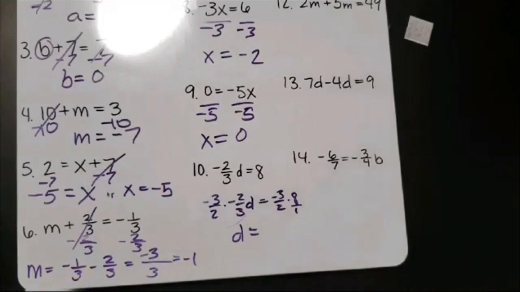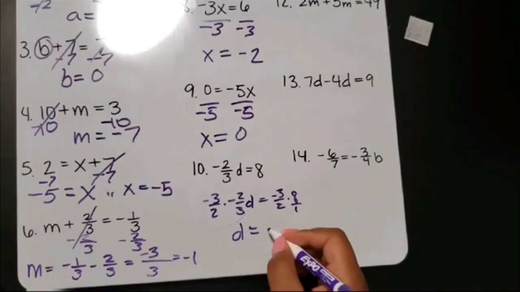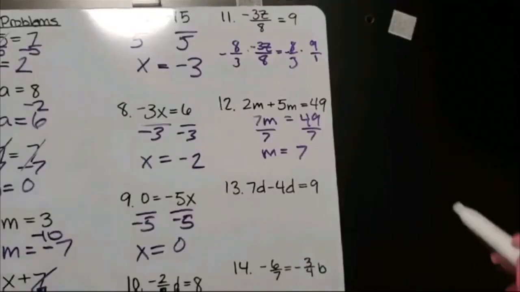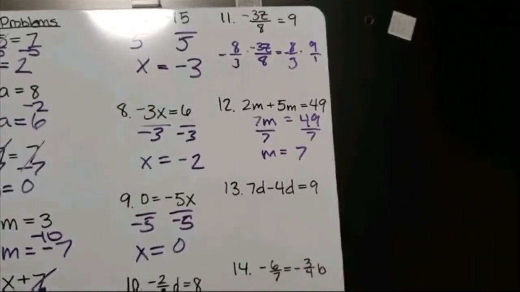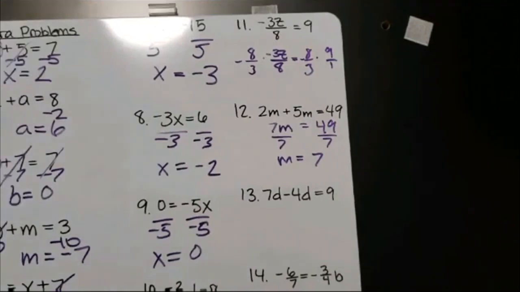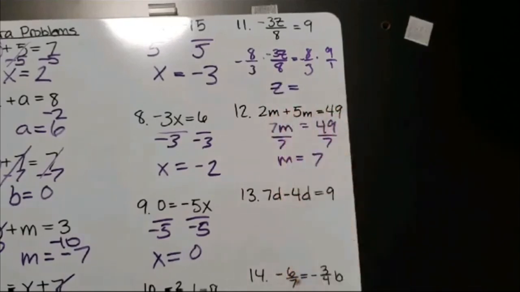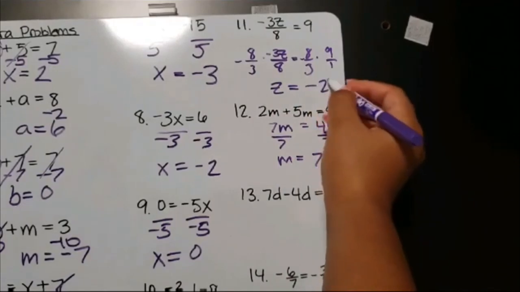Either way, we're going to get negative 12 as our answer. All right, so for number 11, you should multiply both sides of the equation by negative 8 over 3, and you should get that z equals negative 24.